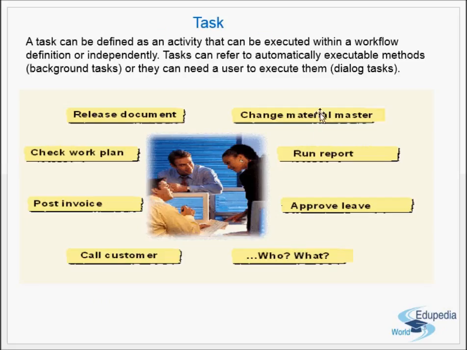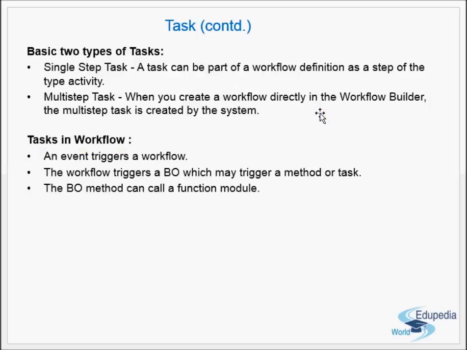The next one, what is a task? A task is a step of a workflow which is executed in a workflow. N number of tasks form a workflow. A task can be automatically executed or it needs some user intervention. Then we have two types of tasks, the single step task and the multi-step task, and how the tasks flow in a workflow.